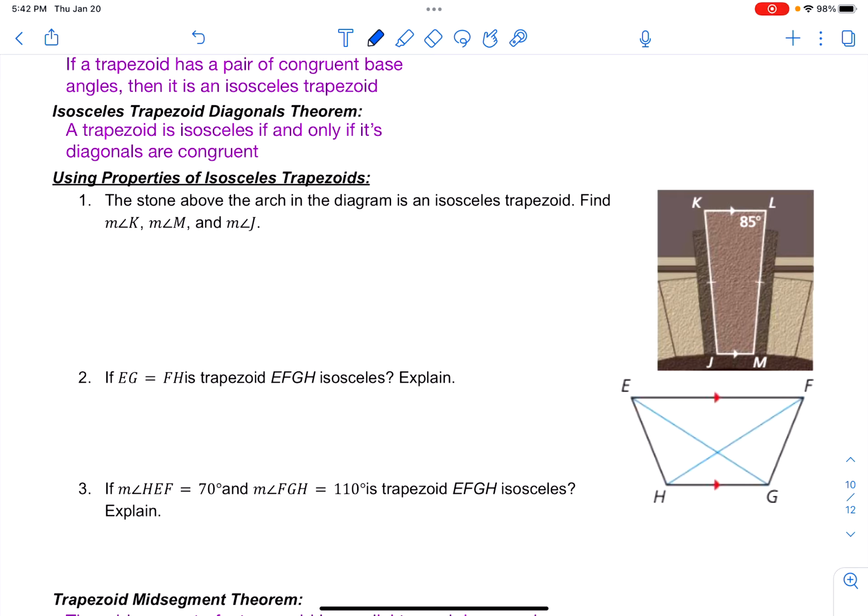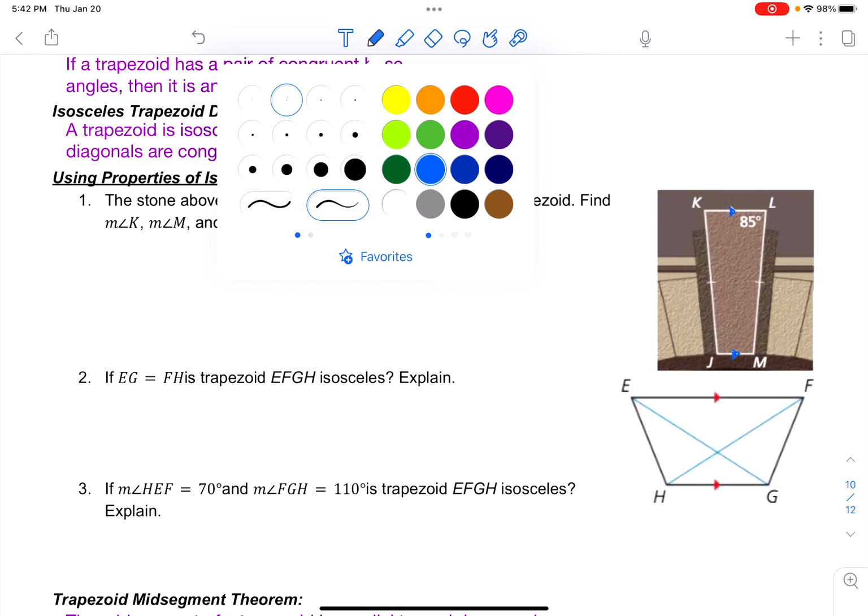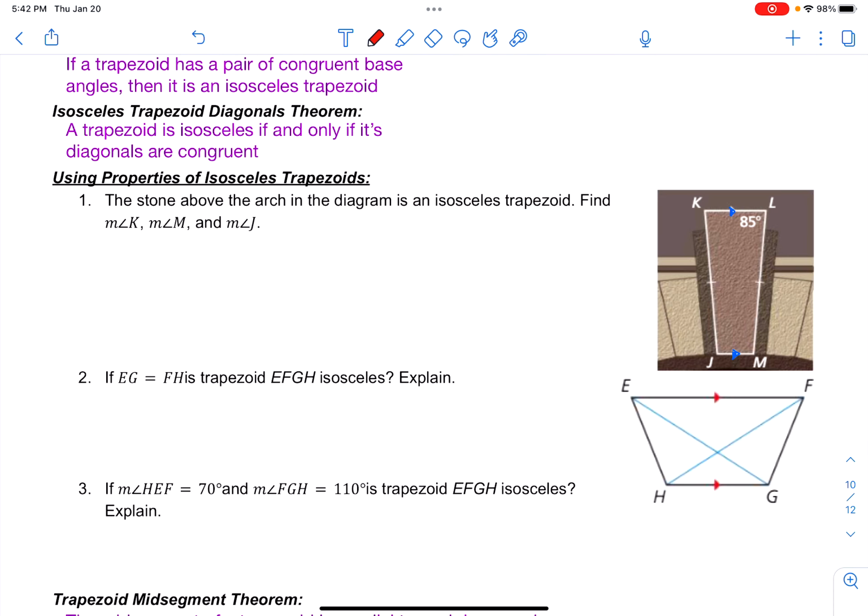So they tell us that this top piece and this bottom piece are parallel. Remember, those parallel sides are our bases. So with our bases, we can find our base angles. Our base angles have to have a base side between them.